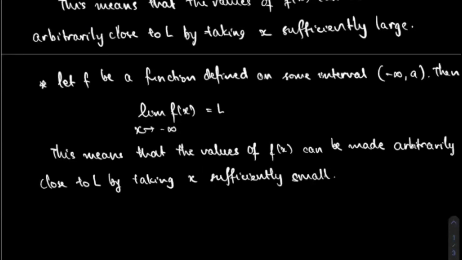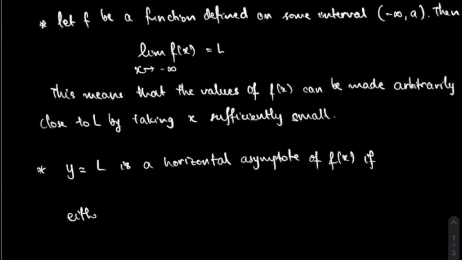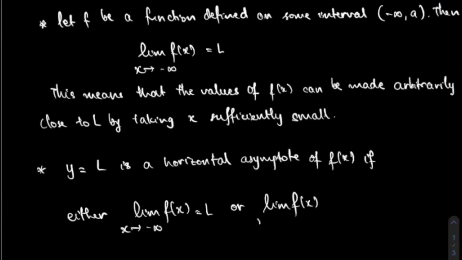And then the last note I have here is that y equal to L is a horizontal asymptote of f of x if either the limit of the function as x approaches negative infinity equals L, or the limit of the function as x approaches positive infinity equals L.